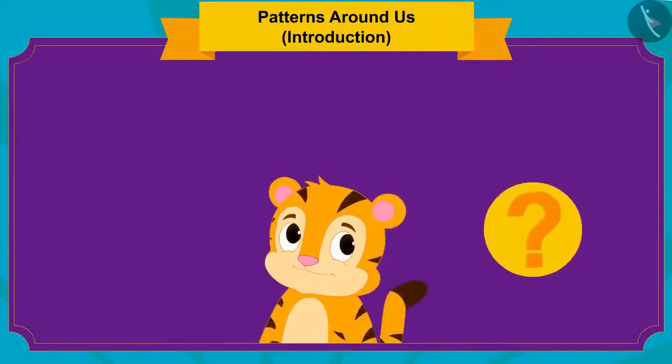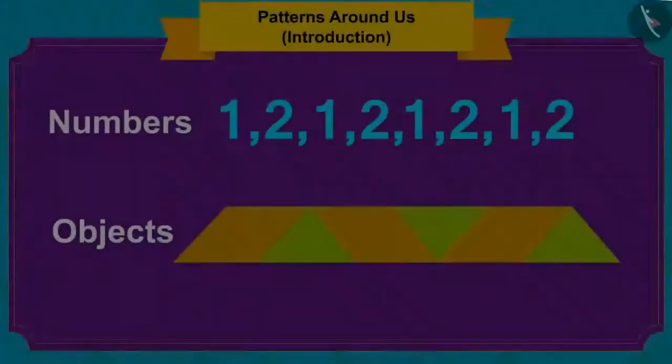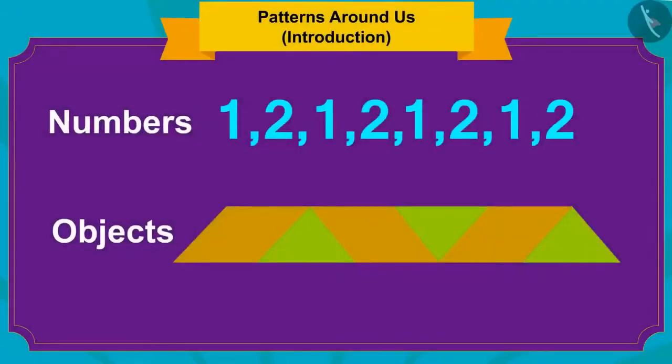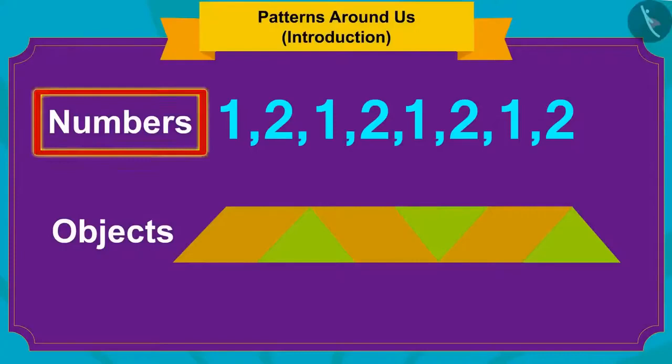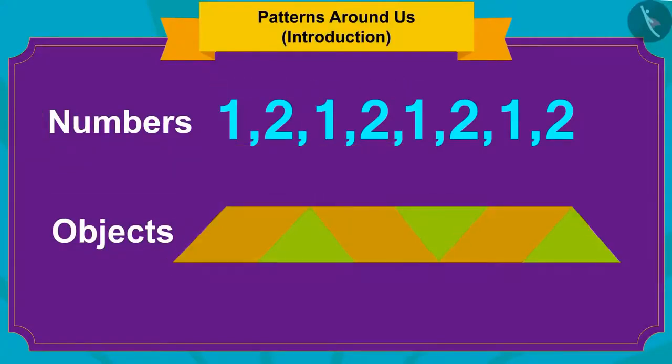Children, do you know what patterns are? A pattern is a group of numbers or objects in such a way that all objects are related to each other by some rule.